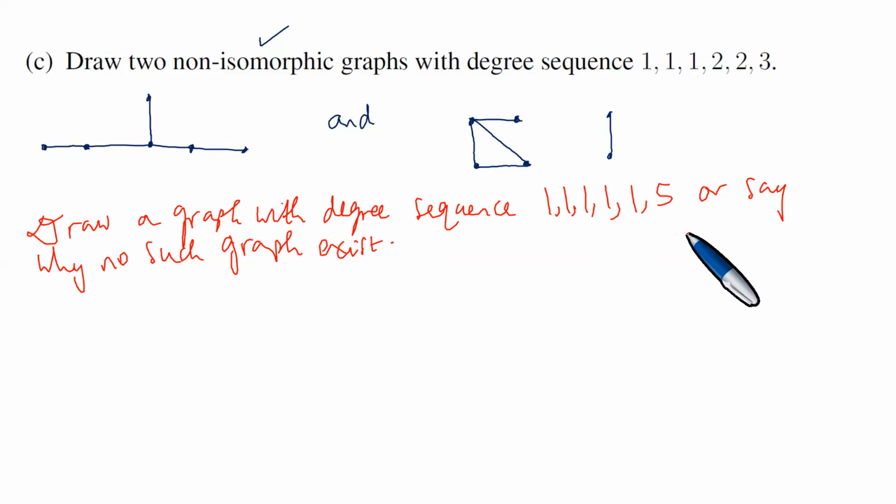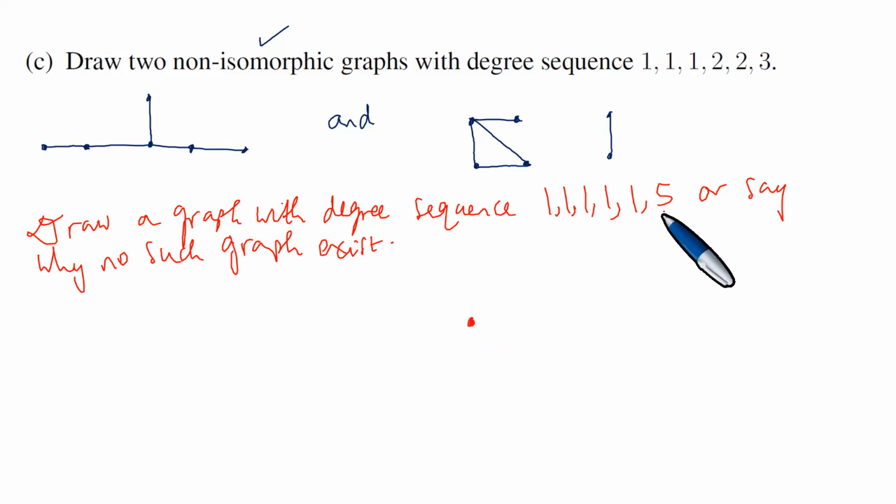Now, can this be constructed? Let's see. So you have a vertex here, and you can have a vertex there like that.